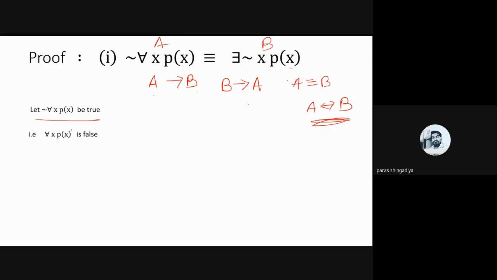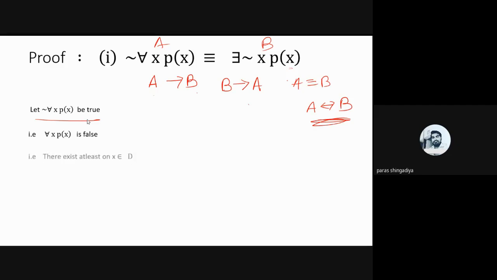What does it mean? Negation true means, the basic concept, that the inside will be false. That means negation every x Px is true means the opposite value, every x Px, will be false. That is the condition. If its negation is true, what does it mean? Every x Px will be false.